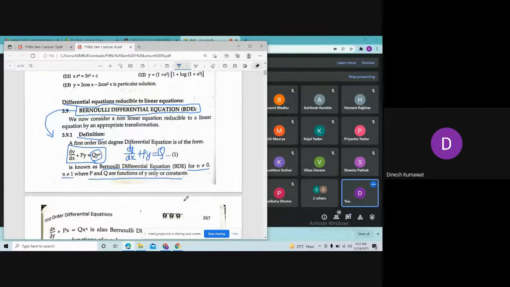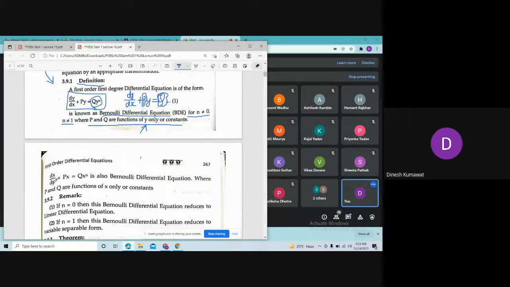Remember, in the linear differential equation, we want this p and q to be the functions of x only or constant. But here they are saying p and q are the functions of y only or constants. This is one more difference.